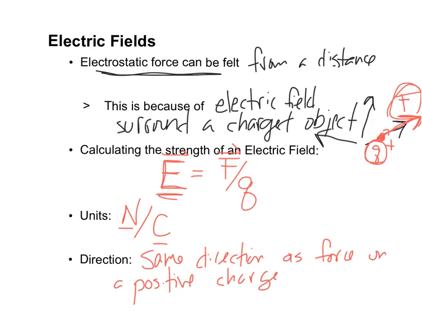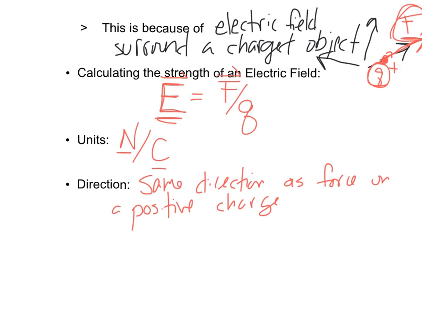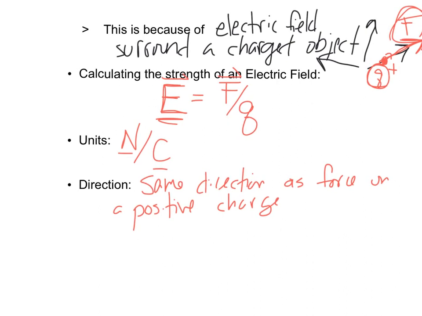Well, another thing to think about here is that it really depends on whether the charge that's generating the electric field is a positive charge or a negative charge. So if I think about what happens around a proton, if I bring a second charged particle in here near this proton, it's going to be pushed away. If I bring a negatively charged particle near this proton, it's going to be pulled inward.